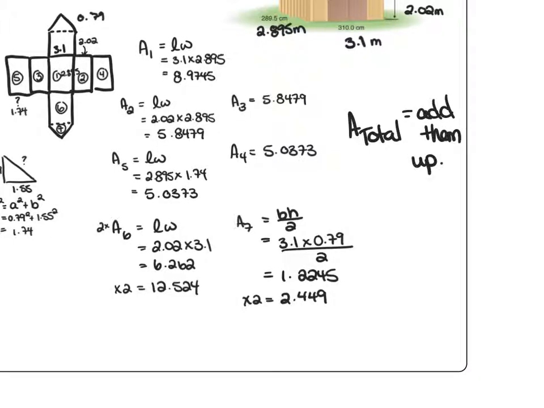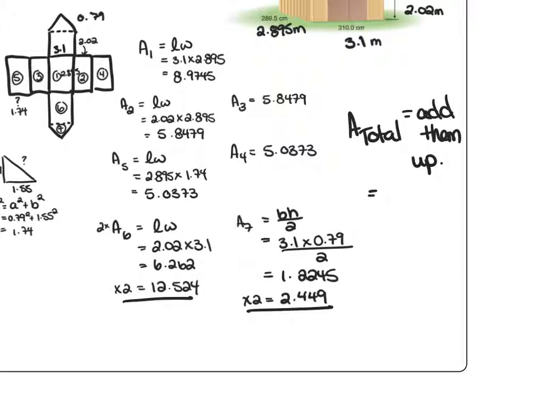So if you add A1 plus A2, A3, A4, A5, A6 this part of it, and A7 this part of it, then we should have the total surface area. So I will do that. Plus 5.8479.